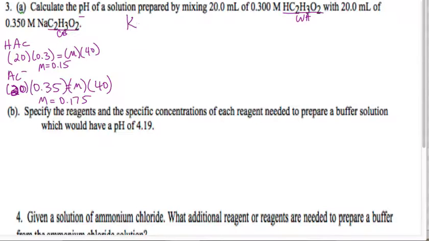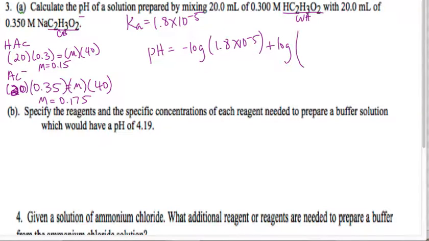Yes, and you're going to learn these. The Ka for acetic acid is the same as the Kb for ammonia, 1.8 times 10 to the negative fifth. You're going to get to know that number really well. So pH is equal to the negative log of 1.8 times 10 to the negative fifth plus the log. The ion goes on top.